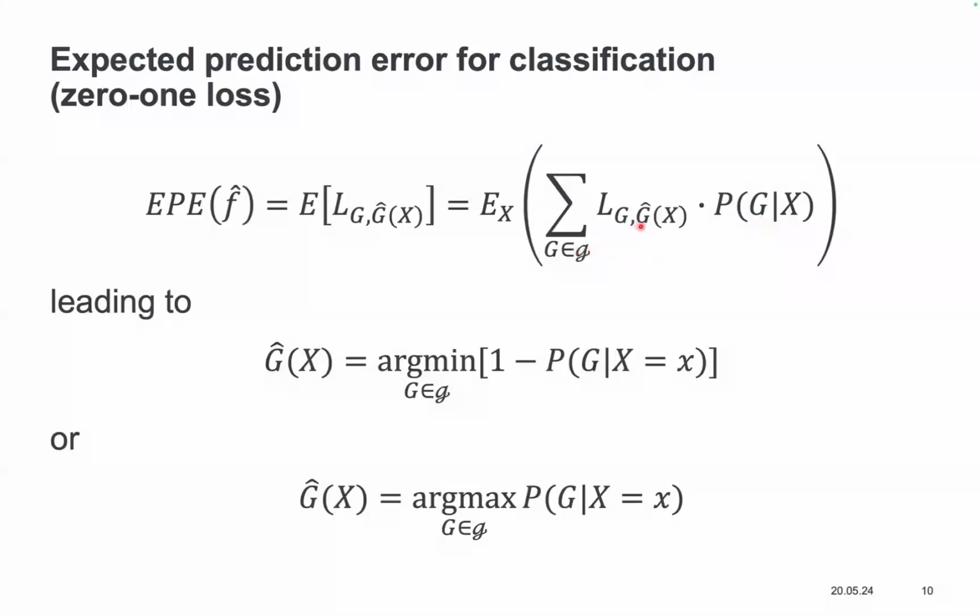And then we look at the classification here, the G hat of x, and we compare whether this actually is the correct classification by looking at the true class G and the predicted class G hat and looking into this loss matrix to see what the associated loss is.